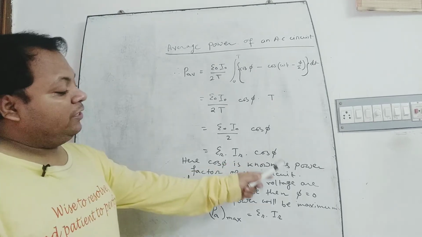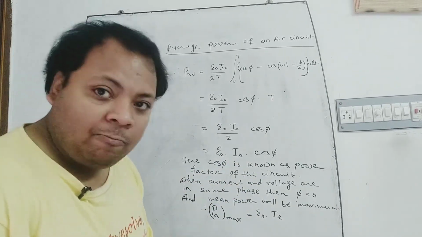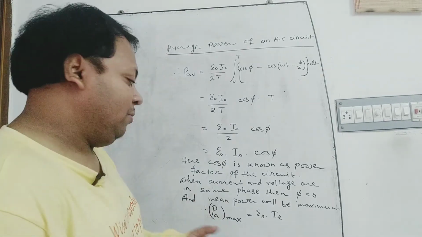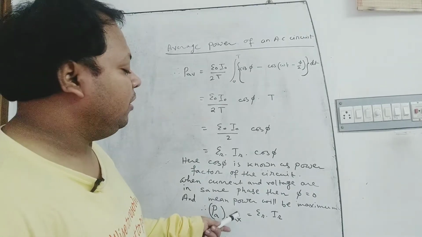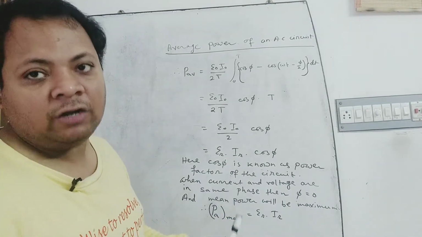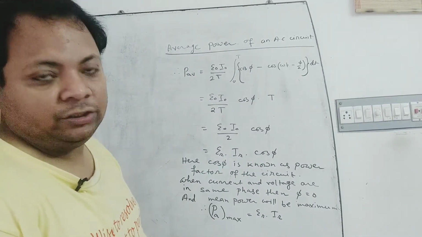When phi is 0, that is when the current and the voltage are in the same phase, then the mean power will be maximum, and the maximum value of average power will be I RMS and epsilon RMS, that is the RMS value of current and the RMS value of voltage.